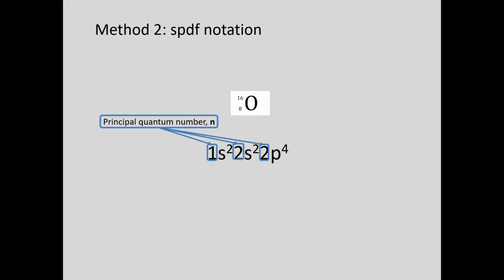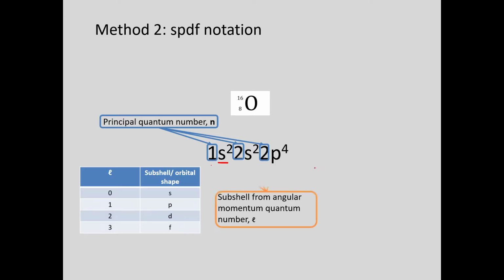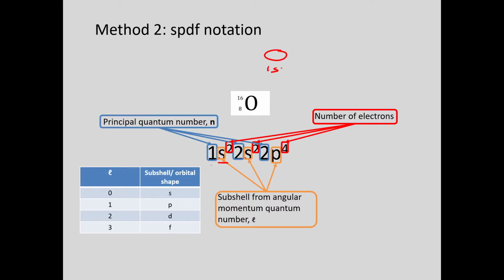Sebabnya number yang depan tu is macam tadi, is the principal quantum number, and then s ni is the angular kan, which is kita tahu shape dia, and then nombor yang kat atas ni is bilangan elektron yang ada dekat tempat tu.